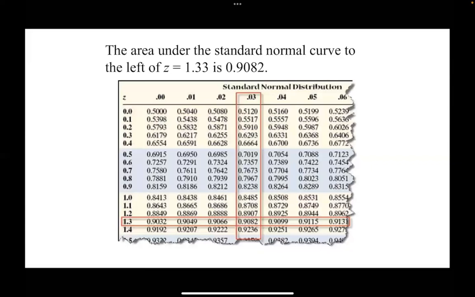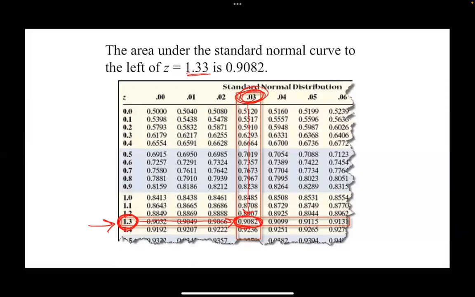The first digit, the whole number, plus the number in the tenths place, you look that up over here. Then you move over to the column that has the hundredths place. So we're looking at 1.33. I have 1.3 right here, then you go over to where 0.03 is, and this right here is your area under the curve to the left of that z-score.